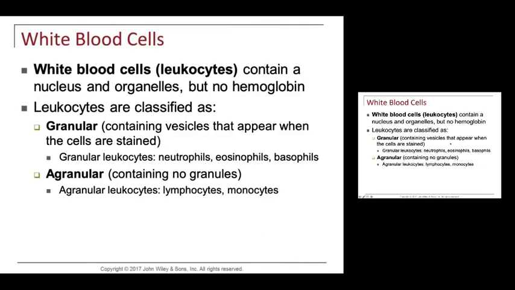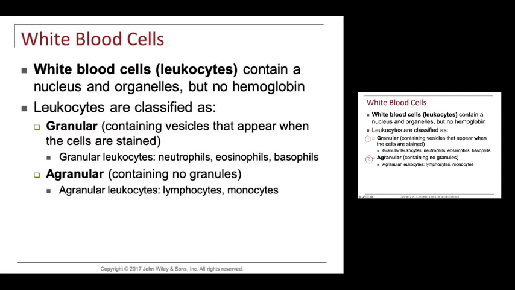Okay, let's look at the white blood cells, leukocytes. They contain a nucleus and organelles, but no hemoglobin. Only the RBC has hemoglobin. White blood cells can be categorized, as I mentioned earlier, as either granular or agranular by their structure.